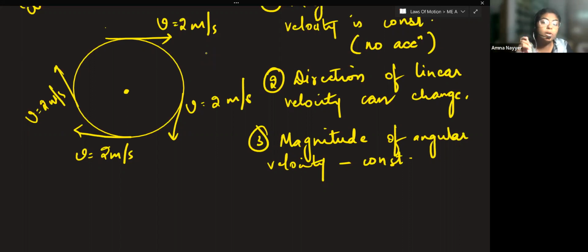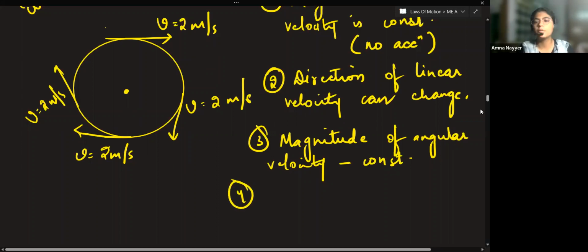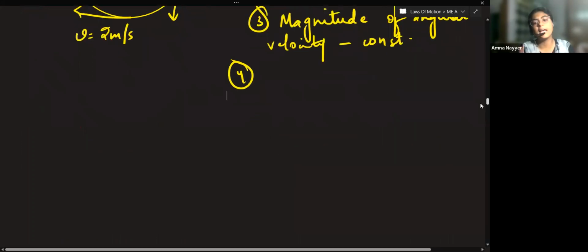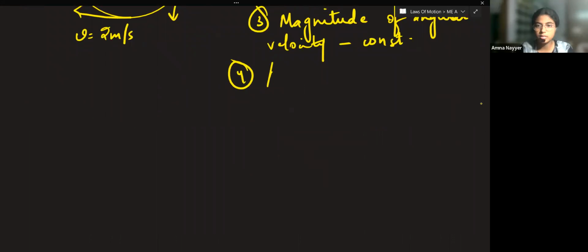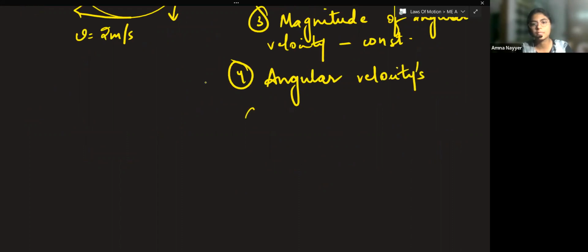So the only quantity that changes is the direction of linear velocity. Rest all the quantities, be it the direction and magnitude of angular velocity or the magnitude of linear velocity, have to remain constant. So the last thing to identify, the fourth point, is that angular velocity's direction is constant.